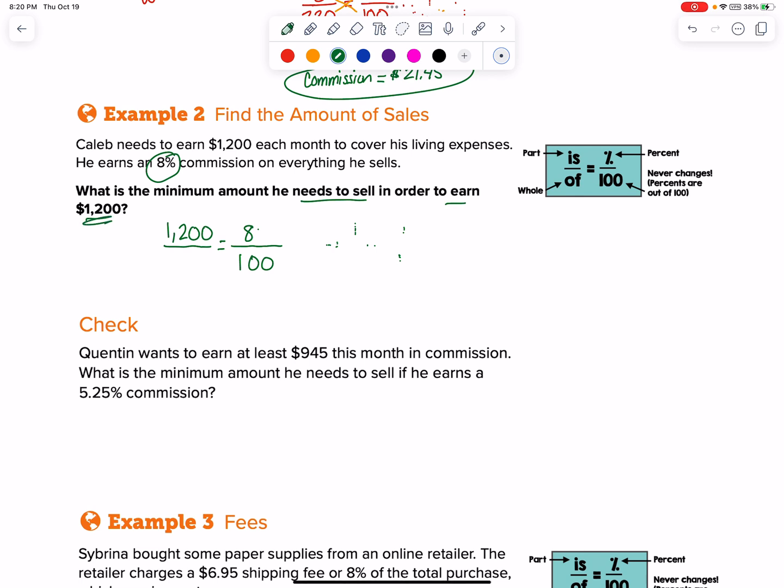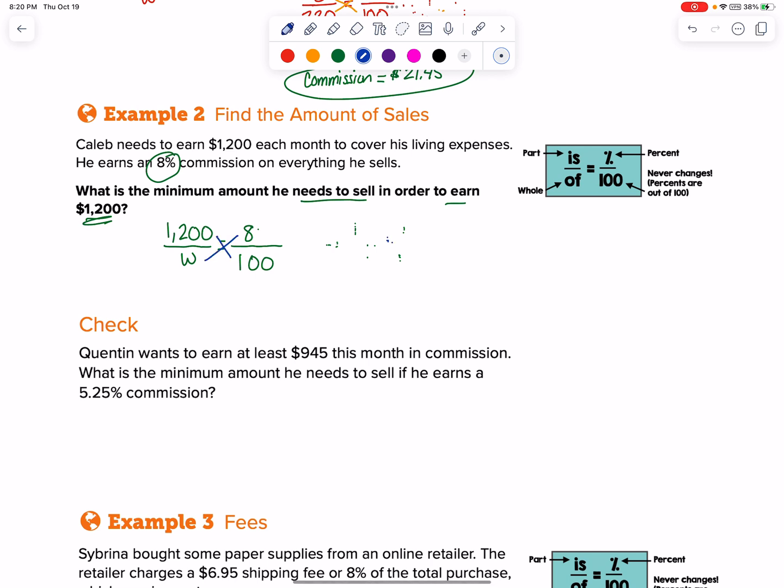So if we say that 8% is that, we actually want to know, well, what is the sort of OG whole amount that he would need to sell in order to get that 1,200 or 8%. Okay, and so let's go ahead and run this out.